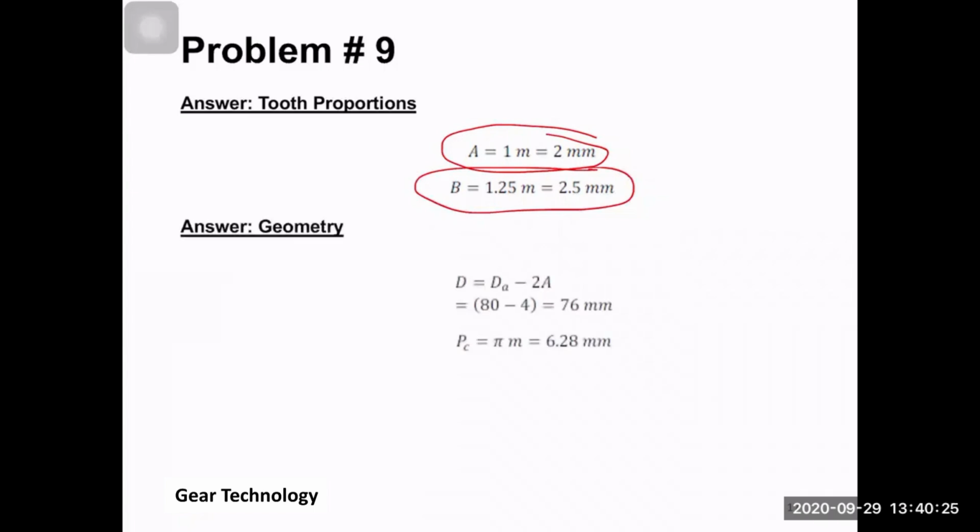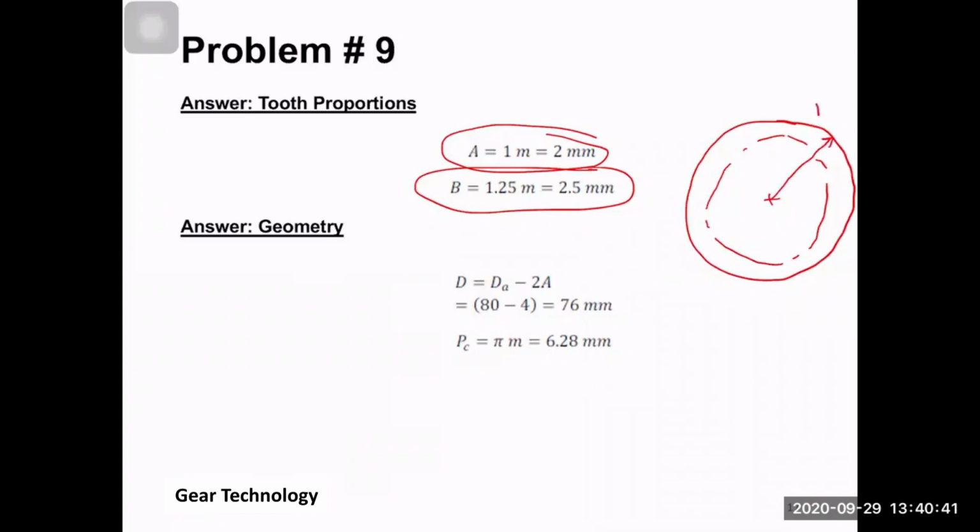If this is the external diameter, and then we have here the pitch circle, and here is the center. So the distance from here to here is R sub A, which is the radius of the addendum circle, and the distance from here to here is capital R, which is the pitch circle radius.